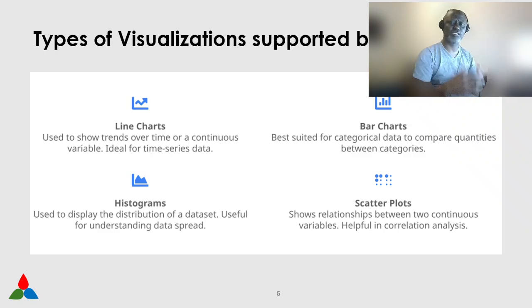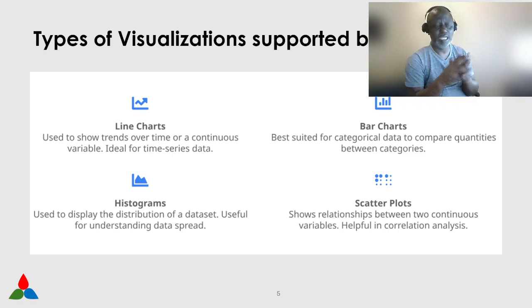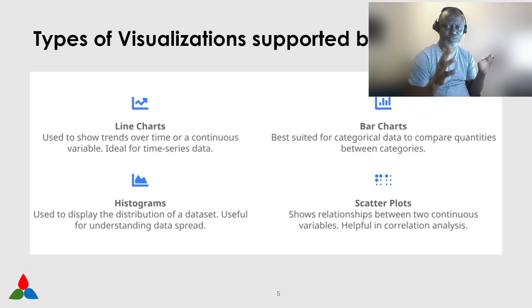Because it is continuous, we represent such a data set with what we call a histogram. Then the last one that I want to talk about today on this part is the scatter diagram. This helps us to establish the relationship between two continuous variables, whether there is a relationship between them or not.